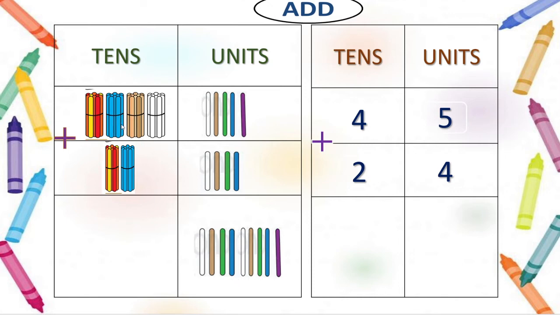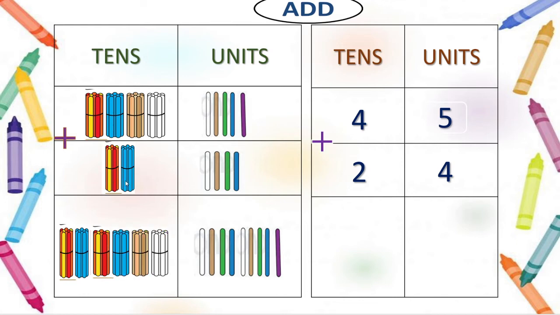And here 4 tens plus 2 tens is equal to 6 tens. Let us write here 9 units and 6 tens. We have solved so many examples of this kind, isn't it? Means addition without carrying over.